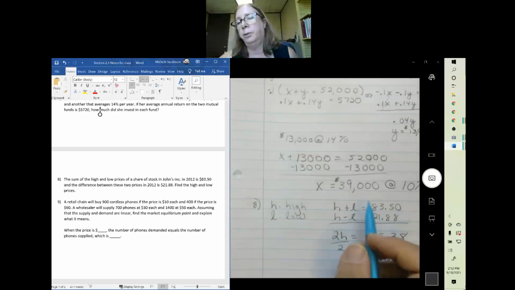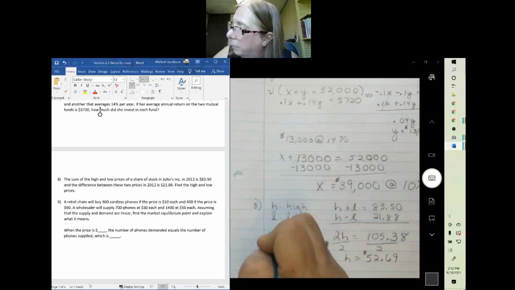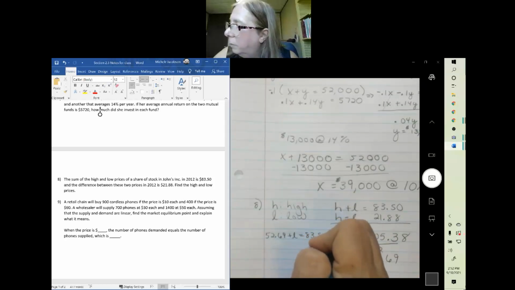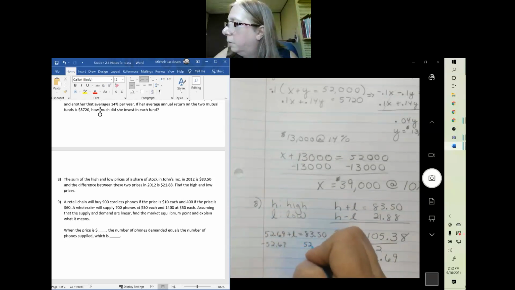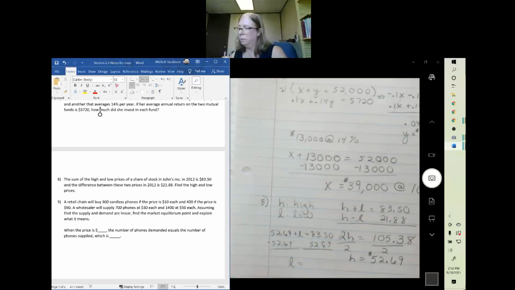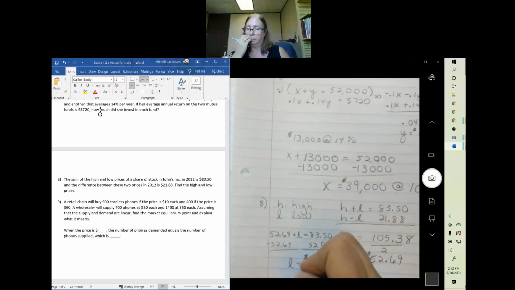To find the low stock, I would use the first equation because it's a positive L. Subtract the 52.69. And the low price is 30.81. Any questions on that?